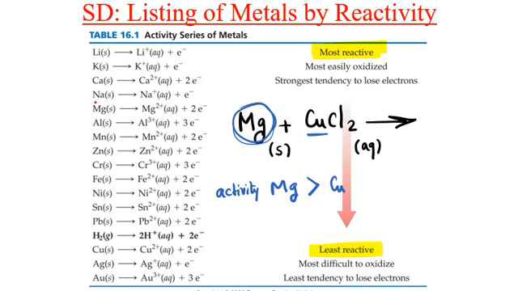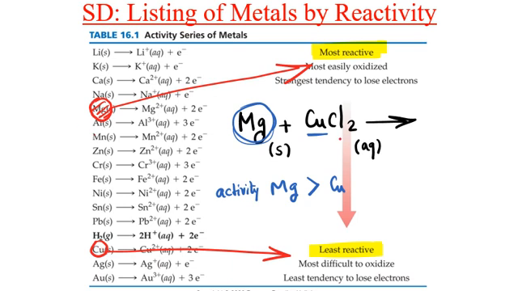Magnesium in this series is here. And we need to find copper. Copper is here. So it says the activity of magnesium must be higher than the activity of copper. As you see here, it works. Magnesium has higher activity than copper because it's placed on the top.